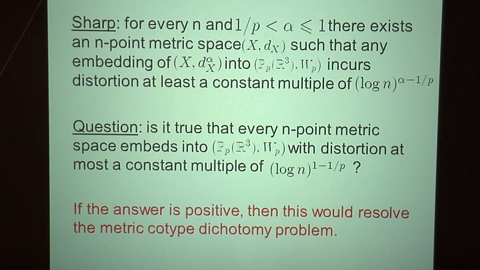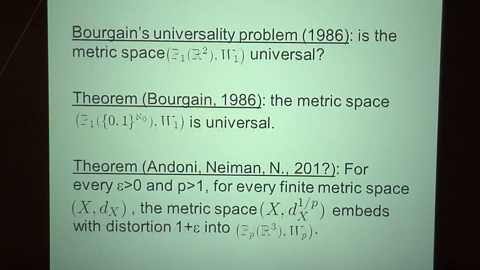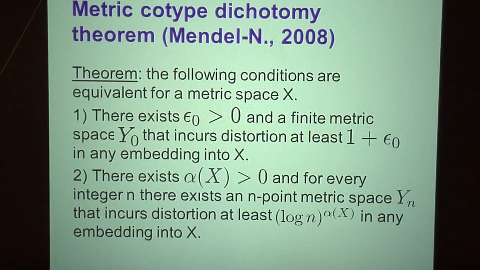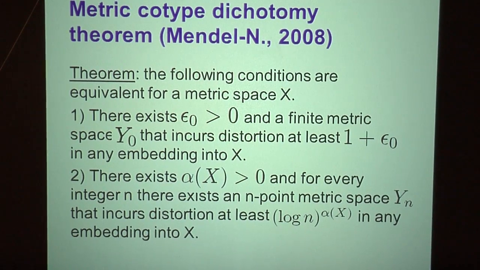And I do believe this is a candidate counterexample, or I don't know what you expect in the dichotomy problem, but it would mean that for the space of probability measures on R3 with the Wasserstein p metric, the true asymptotics is that every endpoint metric space embeds into it with distortion log n to the 1 minus 1 over p, and that's the truth. As p tends to 1, you get arbitrarily small powers of log. So if you remember in the cotype dichotomy problem, we said that it has to grow like log n to some alpha, and I asked maybe alpha equals 1 or alpha equals a half.